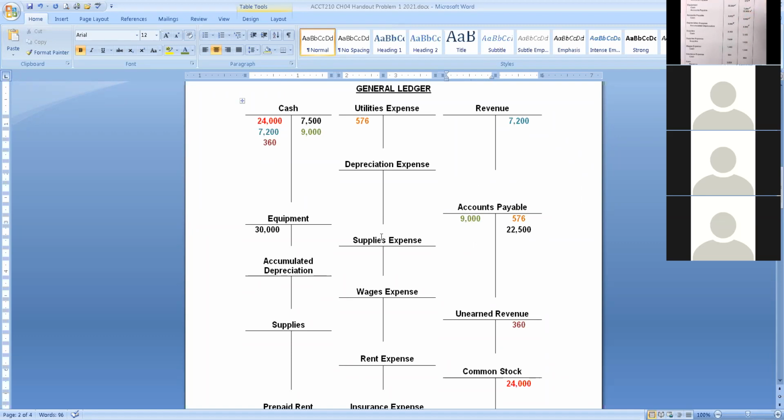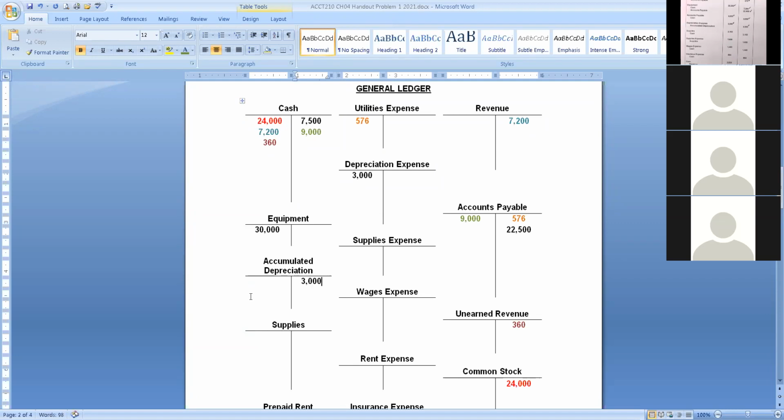Depreciation expense and accumulated depreciation. Okay, so let's take depreciation expense is 3,000. And accumulated depreciation is a credit for 3,000.